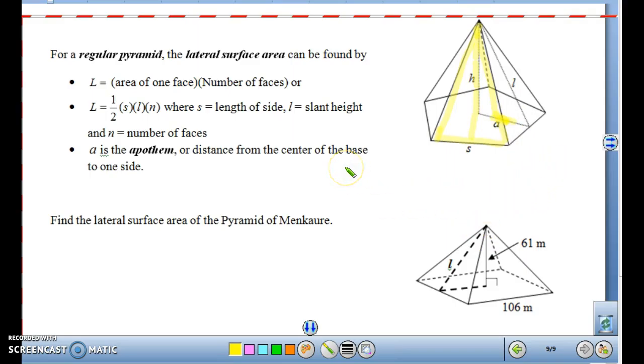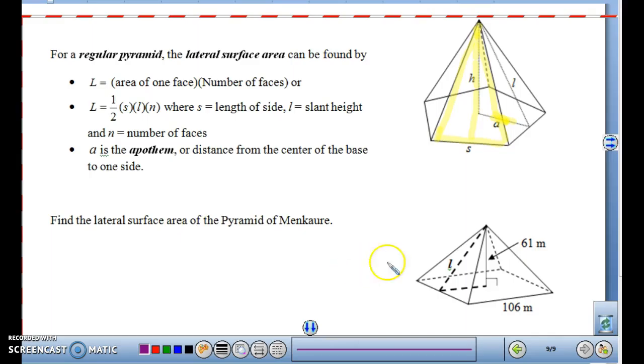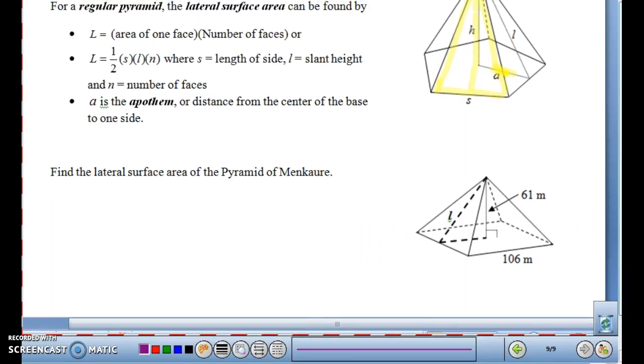All right, so if I wanted to find the lateral surface area of the pyramid of Menkaure, we have the picture here. For the lateral surface area, we have a square base, and we have 4 isosceles triangles. So we have to find the area of the isosceles triangle, and then there are 4 of them.